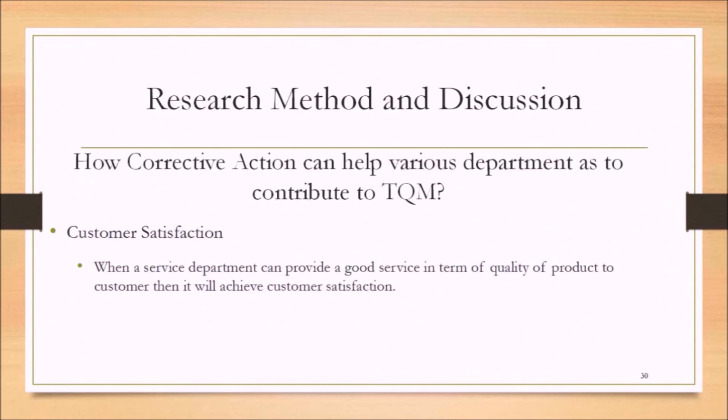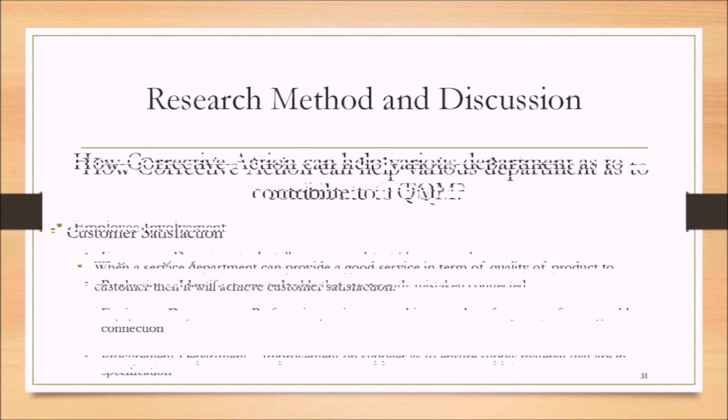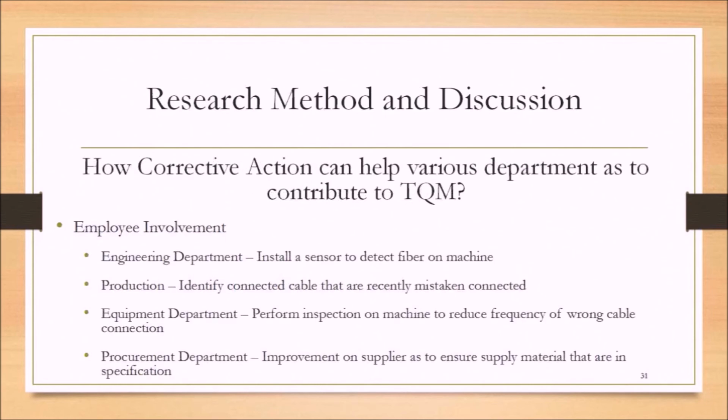First, for customer satisfaction: when a service department can provide good service in terms of the quality of products to customers, then it will achieve customer satisfaction. Second principle of TQM, employee involvement. Several departments are involved in carrying out the corrective actions, such as the engineering department, production, equipment department, and procurement department. How are they actually involved in carrying out the actions?